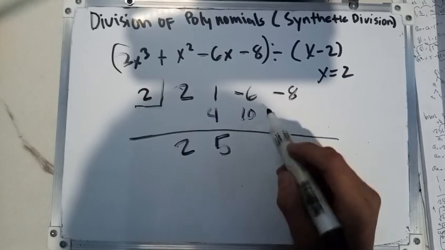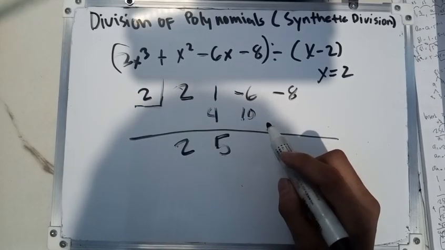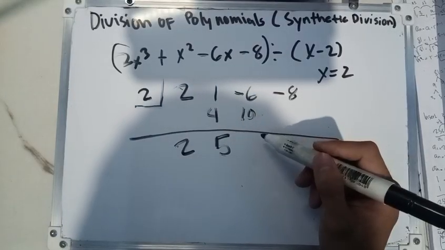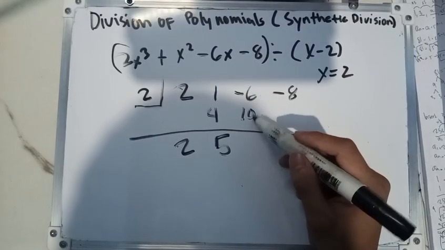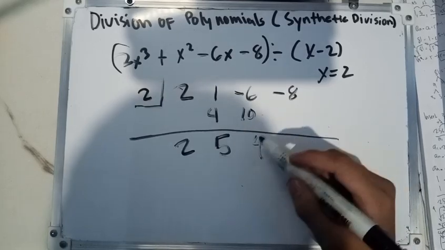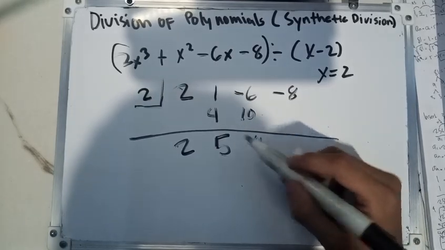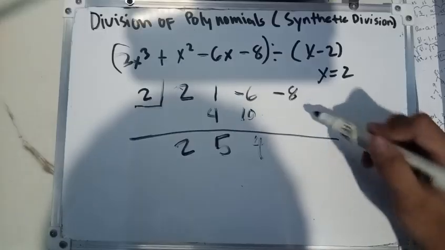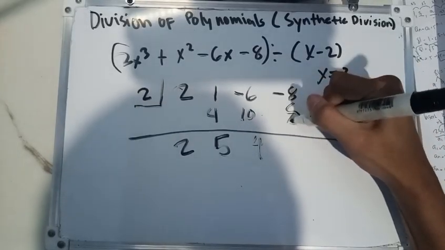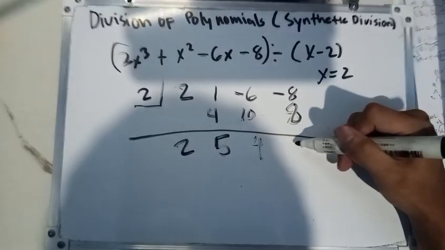So we will put 10 below negative 6. So add. Negative 6 plus 10. Different signs, subtract. So 10 minus 6 is 4. 10 is bigger, so positive 4. Now, 4 times 2 is 8. So put 8 here. Now, negative 8 plus 8 is 0.